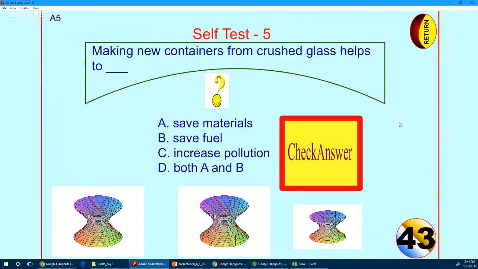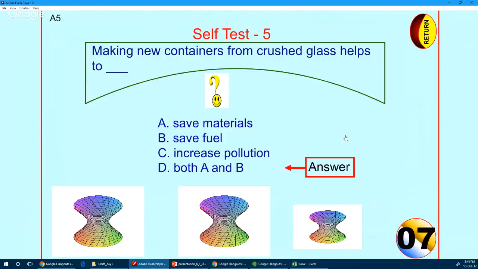D, both A and B. You can give your answer through the chat window, either A, B, C, or D. You are going for D. You are perfectly right. It will save material as well as save fuel.